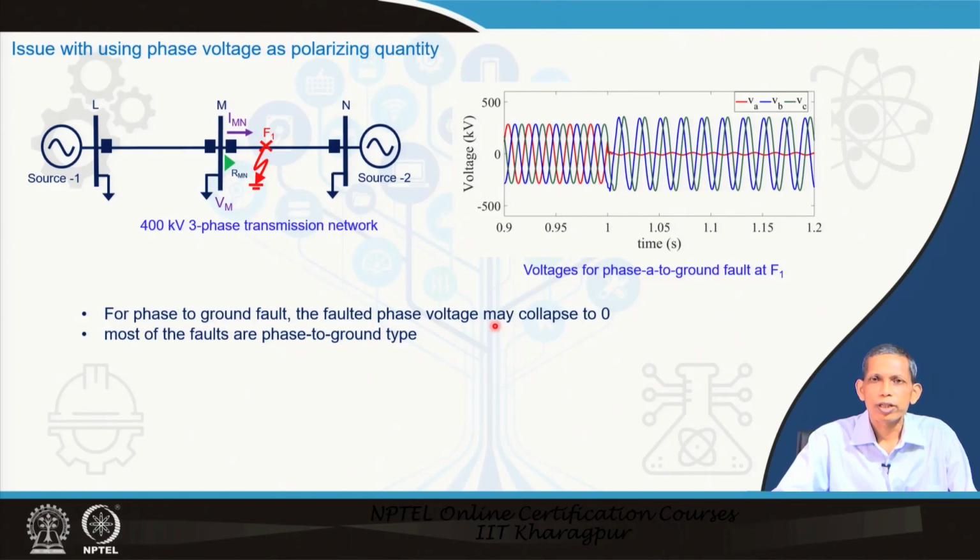We know that most of the faults are line to ground faults. So, as already mentioned, phase voltage and phase current can be used for directional decisions. If you use the corresponding phase voltage for a line to ground fault, the voltage may be substantially low, and that may not be a reliable option. In that scenario, we have alternatives.